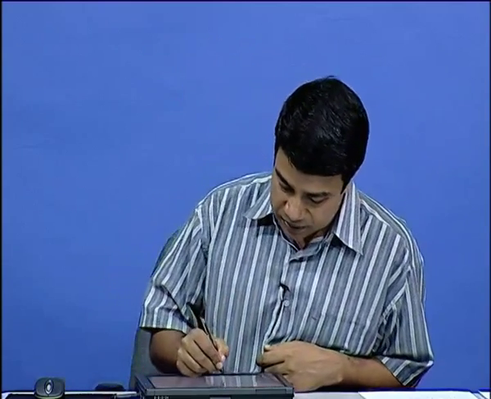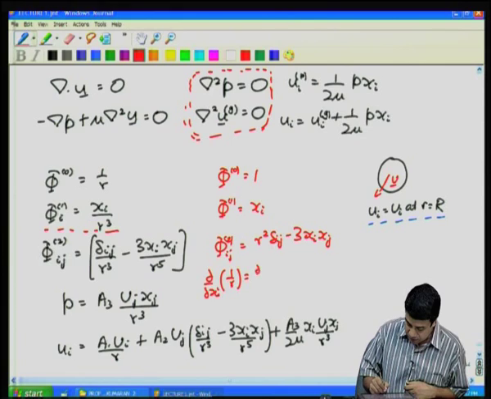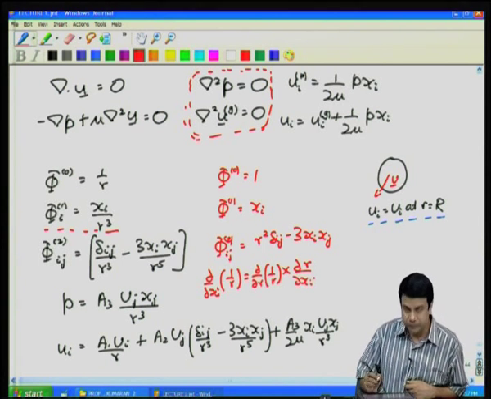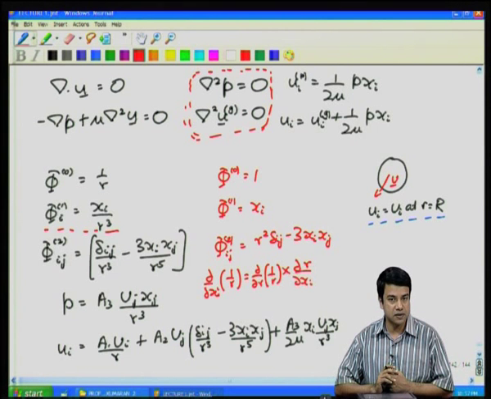Okay. And I showed you how to take this solution. You take partial by partial xi of 1 over r, and if you recall, partial by partial xi of 1 over r is equal to the derivative with respect to r of 1 over r times partial r by partial xi. And if you recall, r is equal to the square root of x1 squared plus x2 squared plus x3 squared.